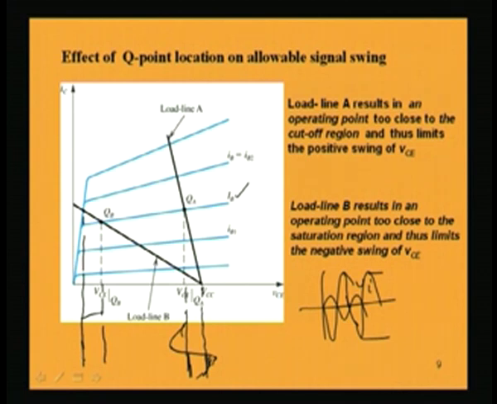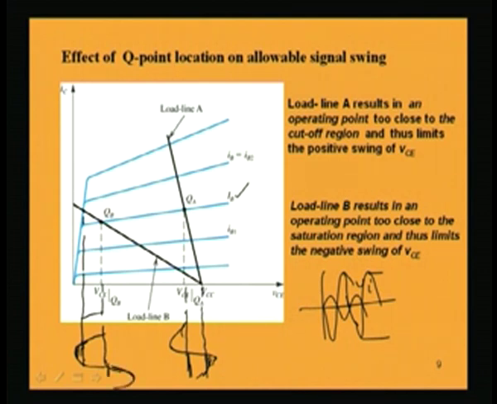Its upper point is fixed by the load line, which is VCC by RC. You cannot go beyond this point. So, if we consider the negative swing from this DC value, it will be increasing, but it cannot increase beyond this point.